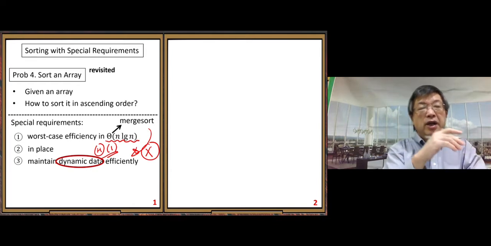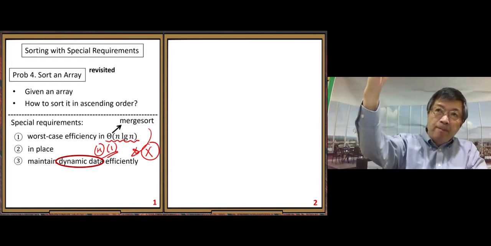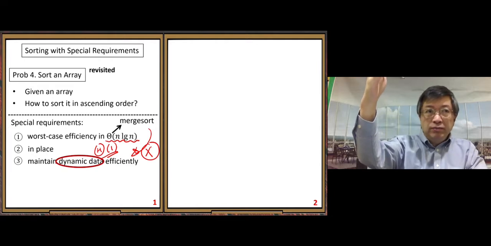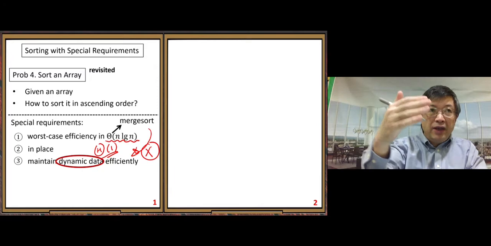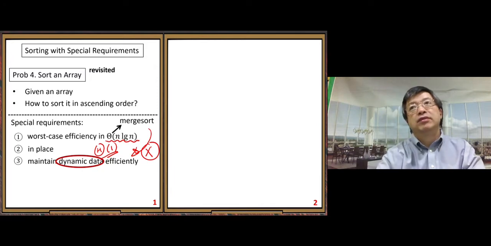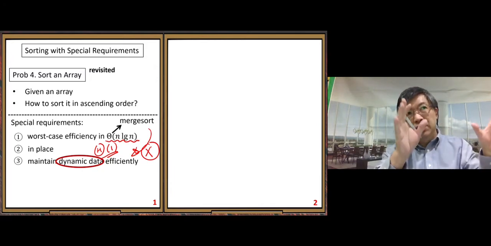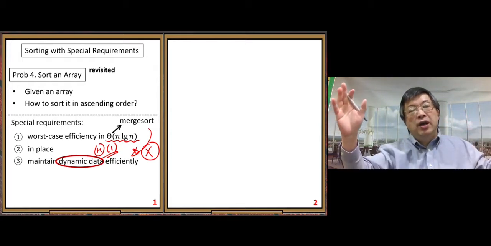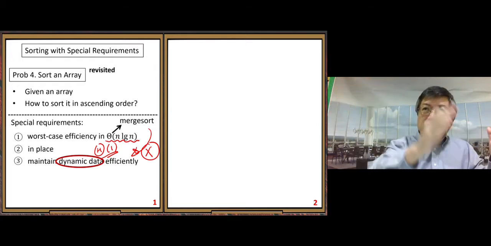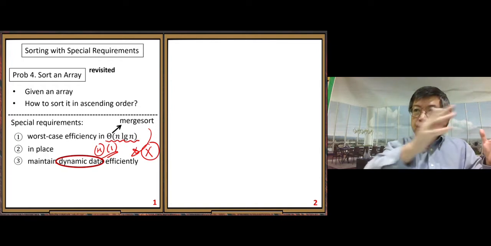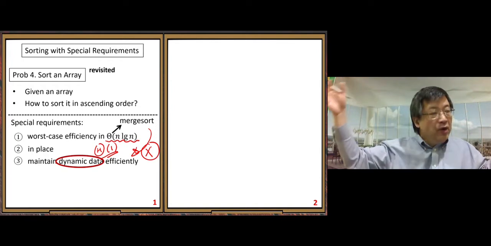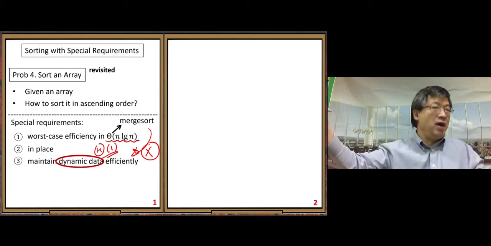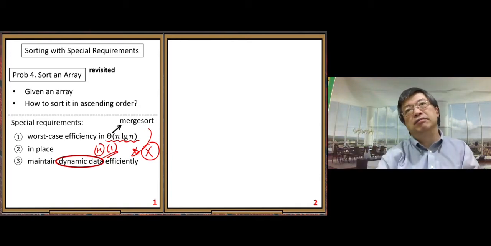Now what's that? The data, the array to be sorted, does not come in at the same time. You are not given all the elements at the same time. You are given the elements one by one during a long period of time. So that's the dynamic data.